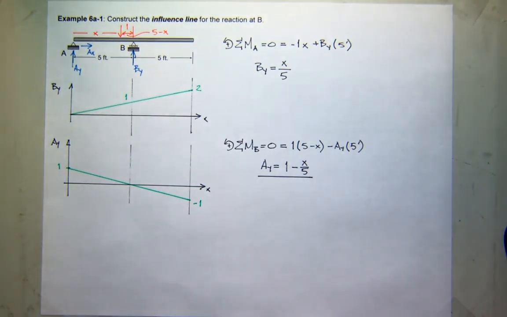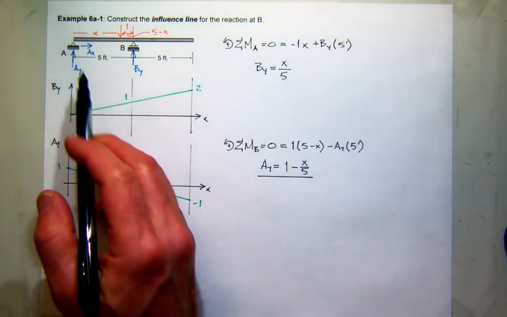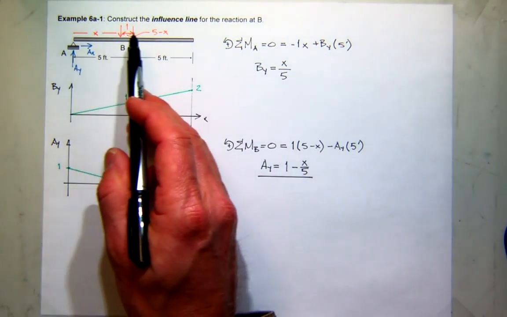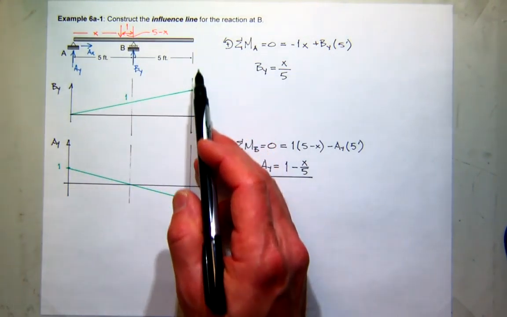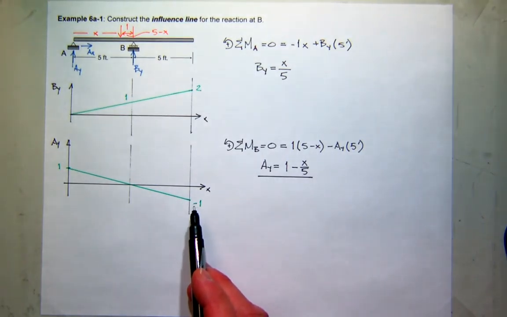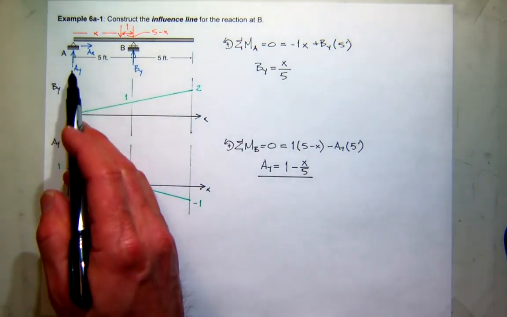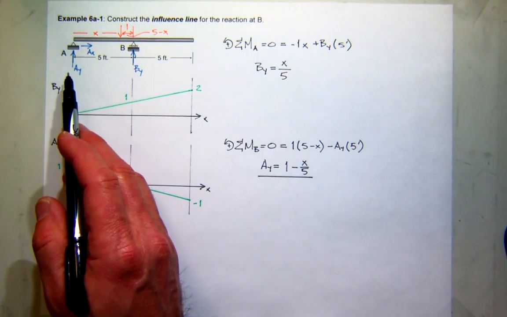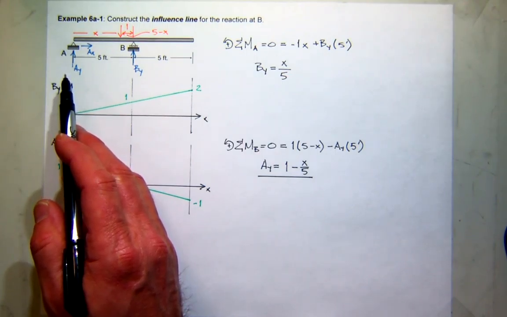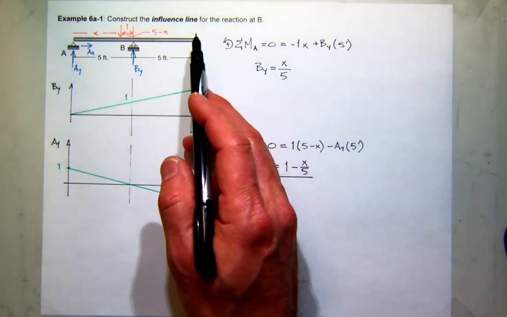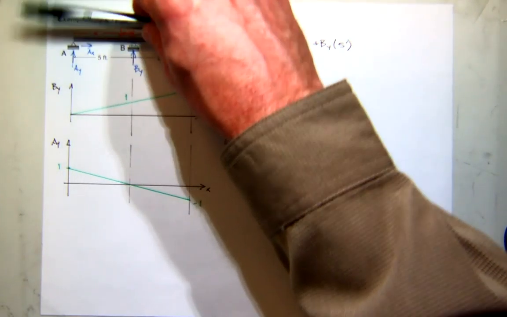See that? So actually, when my unit load gets all the way out here on the end, what's my reaction at A? -1, which means it's negative, which means it's not up, it's down. Does that make sense? Yeah, because I'm all the way out here on the end, this beam is kind of seesawing, right?